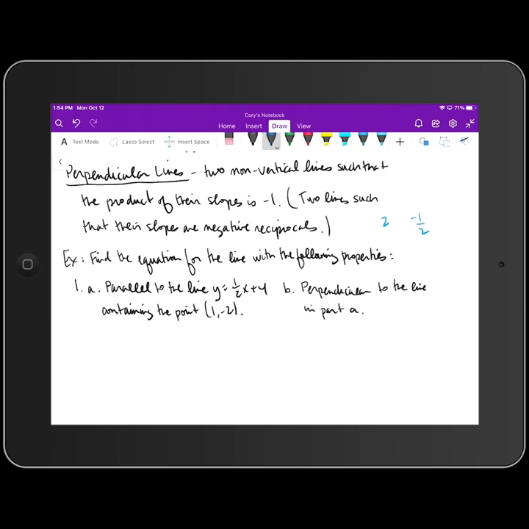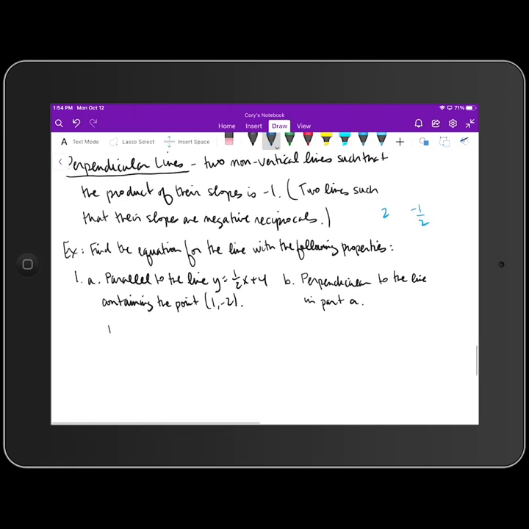Okay, so if our line is going to be parallel to this line, our line has to have the same slope. So the slope of the given line is 1/2. Our line has to have the same slope of 1/2. And then our line also has to pass through the point 1, -2.